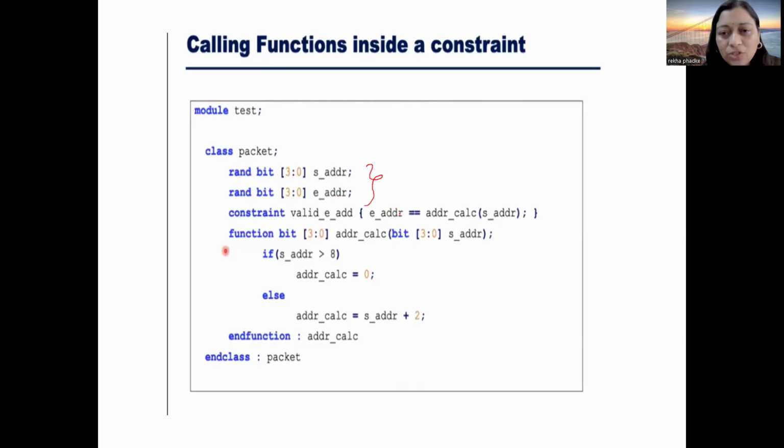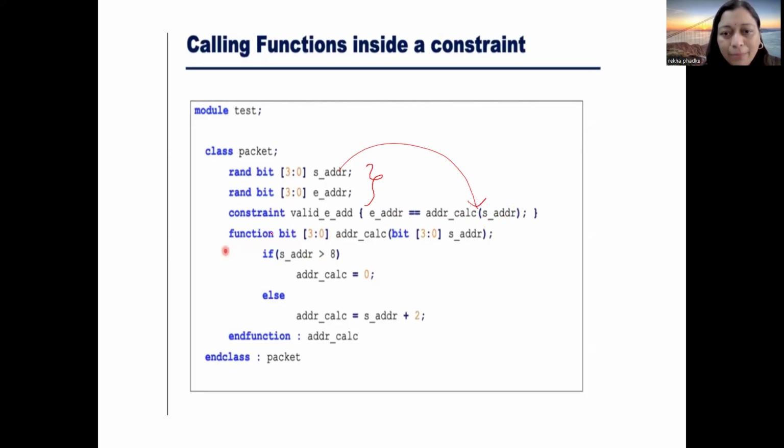What am I constraining it to? I'm constraining it to something which the function defines. So e_addr should be equivalent to the returned value from the function. So e_addr should be assigned a value which this function returns. And what is it returning? The function is returning this variable. So that is what we are doing here.